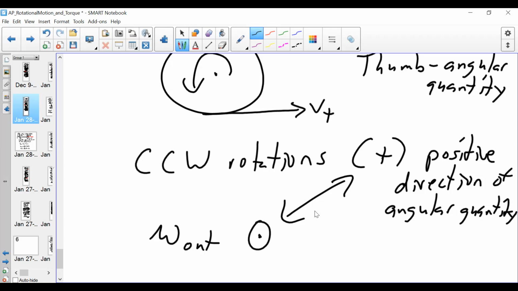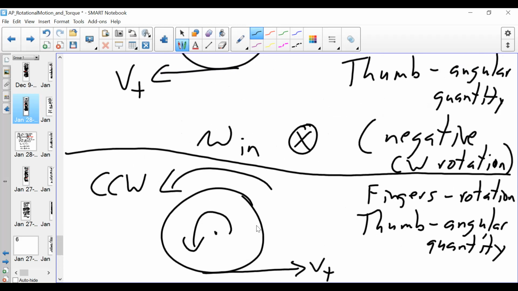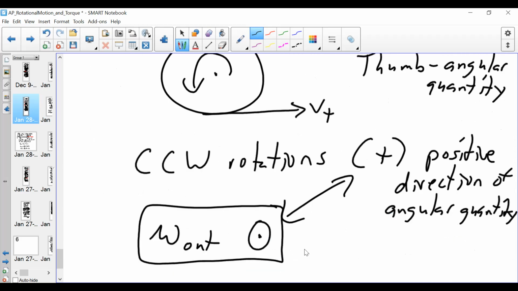If any of those are counterclockwise, that's a positive direction, clockwise, negative. And the symbol usually represented by this dot is like an arrow coming at you. And if it's inside or negative, it's like the arrow is going away from you into the page. That's why omega in, negative. Omega out, positive.